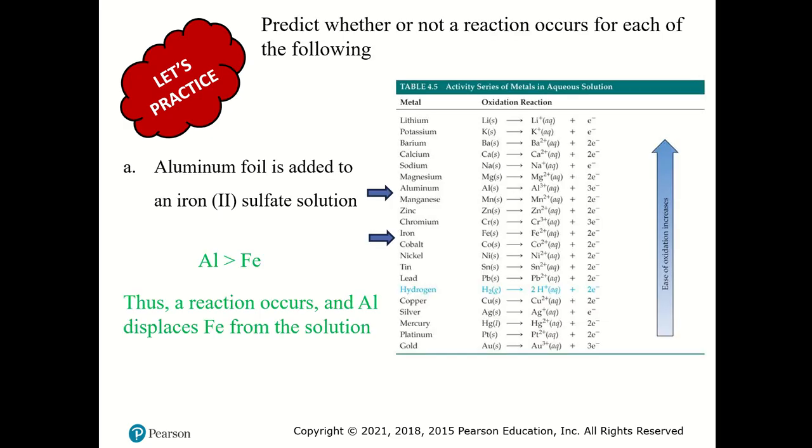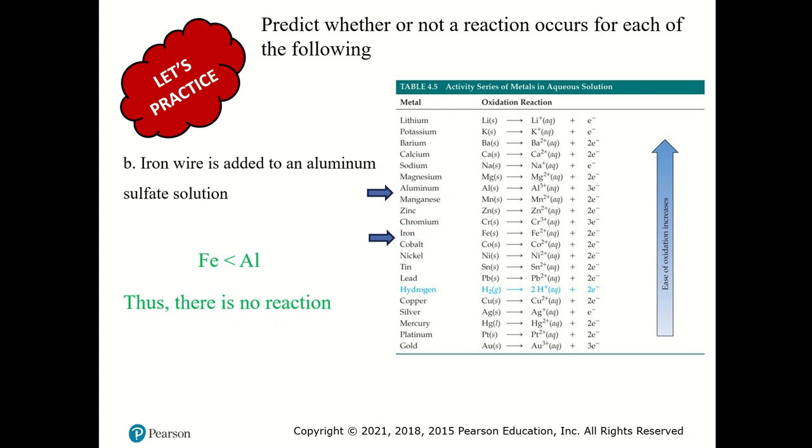So let's practice it together. Aluminum foil is added to iron(II). If you go to aluminum and iron, aluminum is higher, it has more activity than iron. Here we have the iron to replace aluminum. No, iron is down here, showing that it's less active than aluminum.